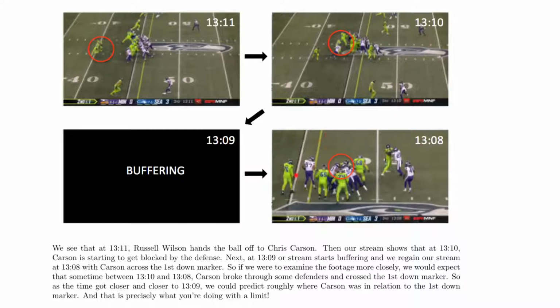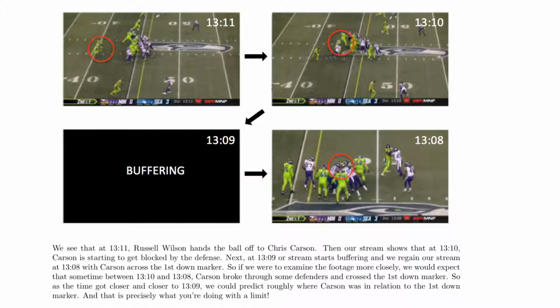When you regain the stream, you see Carson across the first down marker. So if you're watching this, for those of you that don't watch football, guy moves. Something happens. Guy is now past this yellow line. There's my non-football description of what's happening here. Guy's moving.